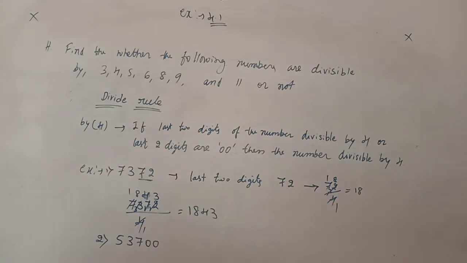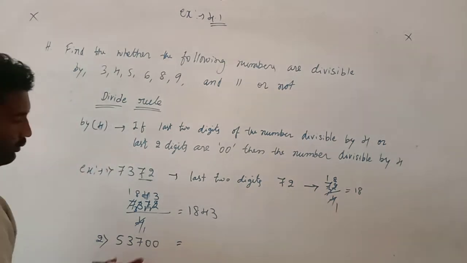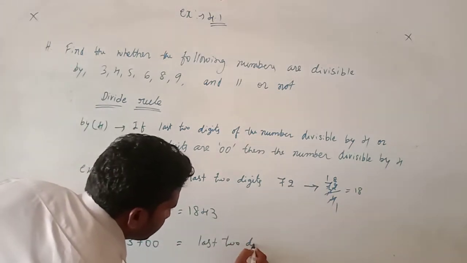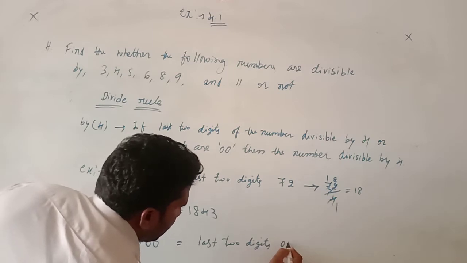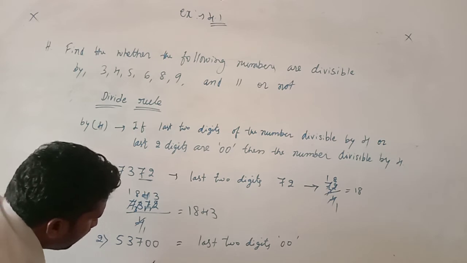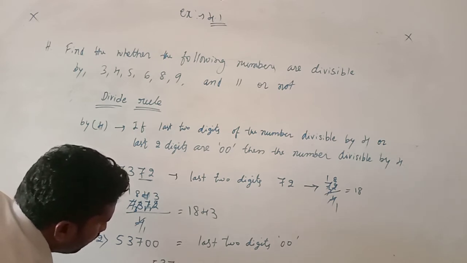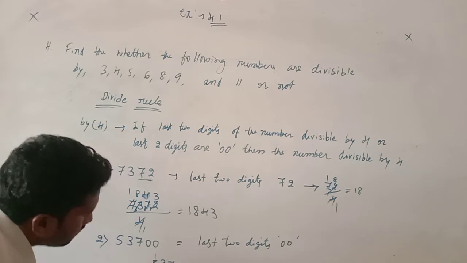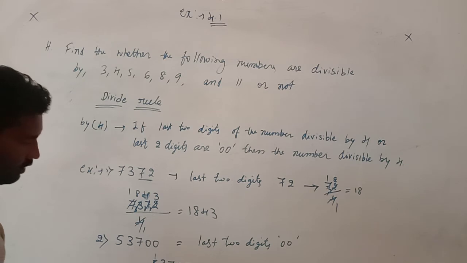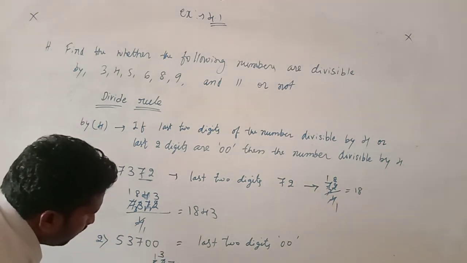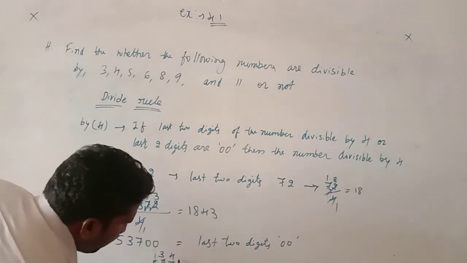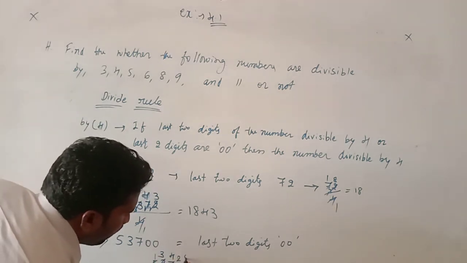Can you divide by 4 or not? 53700 by 4: remainder 1, 4 3s are 12, remainder 1, 4 4s are 16, remaining 1, 4 2s are 8, remaining 2, 4 5s are 20.